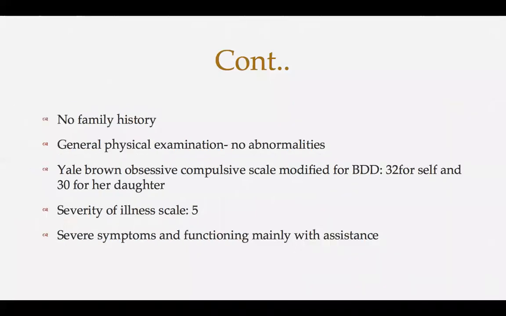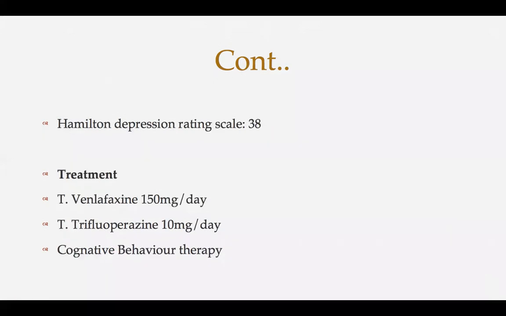In her history, there was no family history of similar illness. On general examination, there were no abnormalities in that female. The Yale-Brown Obsessive Compulsive Scale, modified for BDD, showed a score of 32 for self and 30 for her daughter. The severity of illness scale showed a score of 5, which indicated severe symptoms and functioning mainly with assistance.